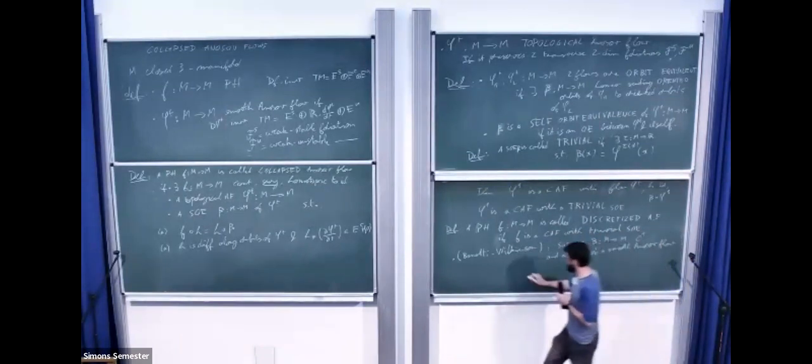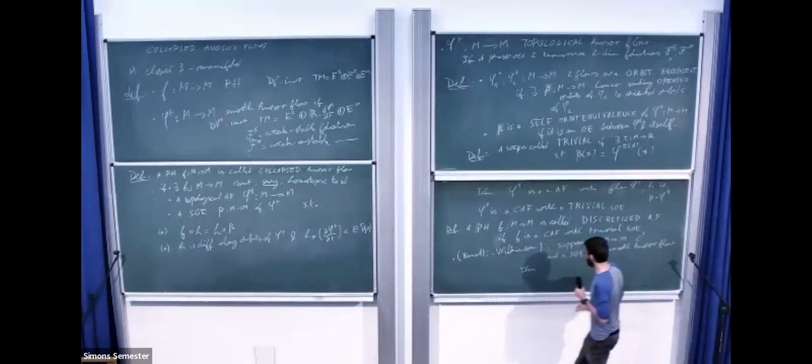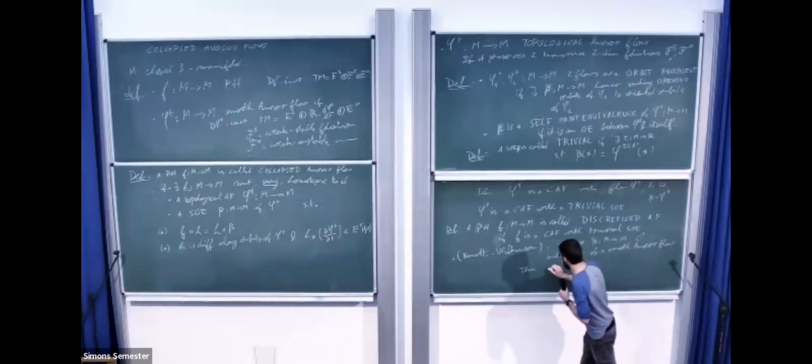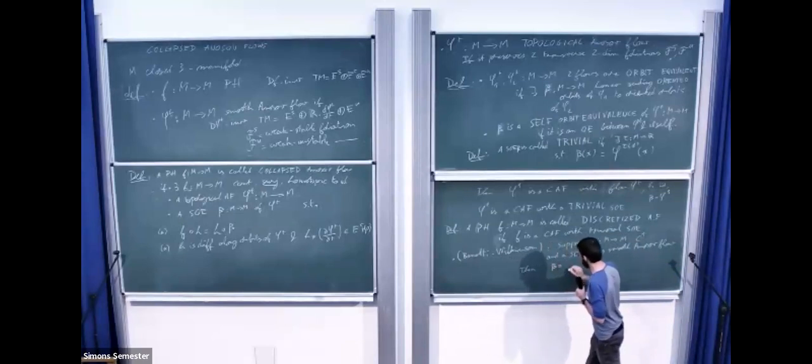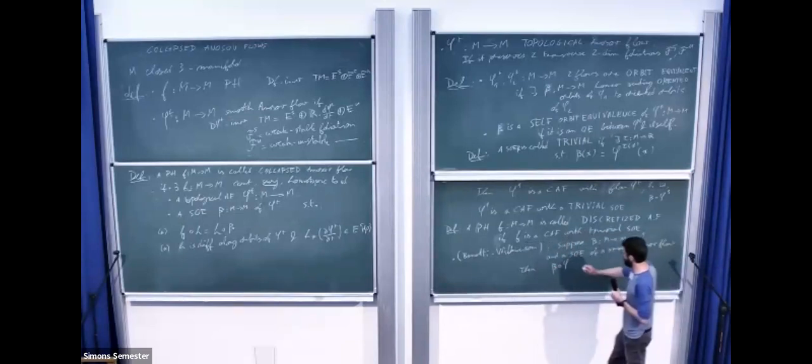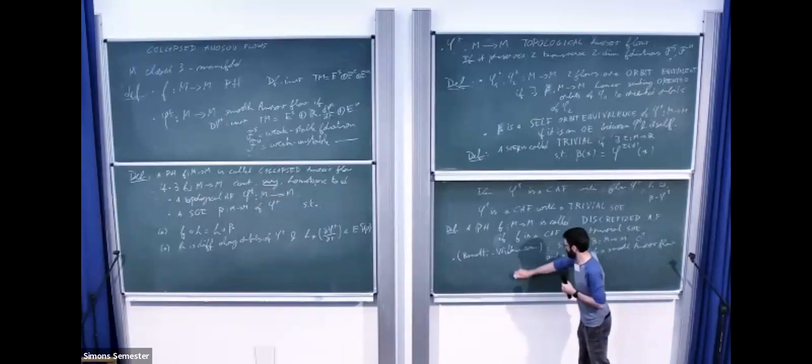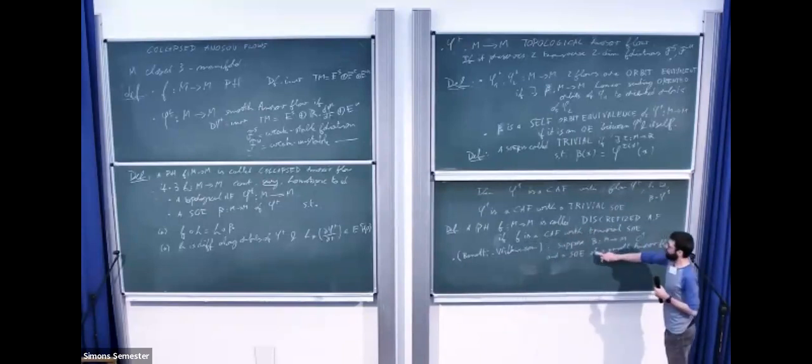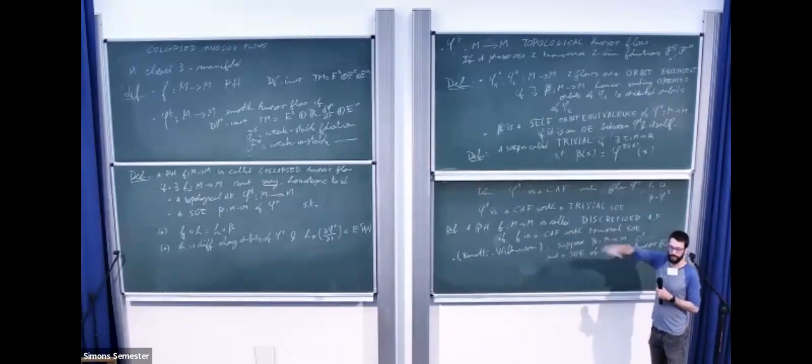Then, if you look at the composition of beta and phi1, well, maybe for this example, let's do it even nicer than that. Let's assume that it really commutes. So it's really a symmetry of the Anosov flow.